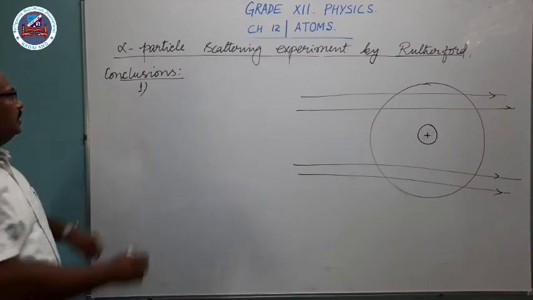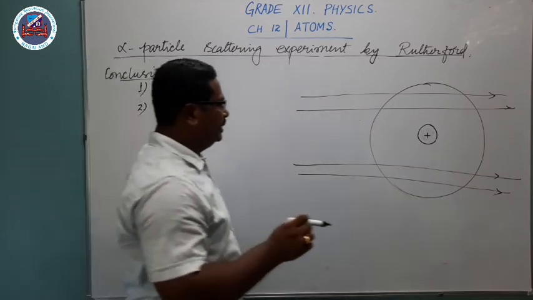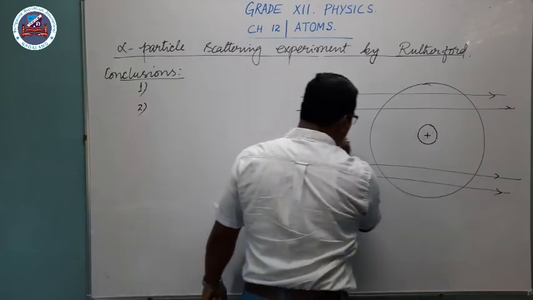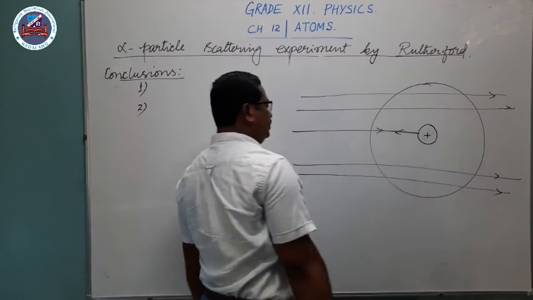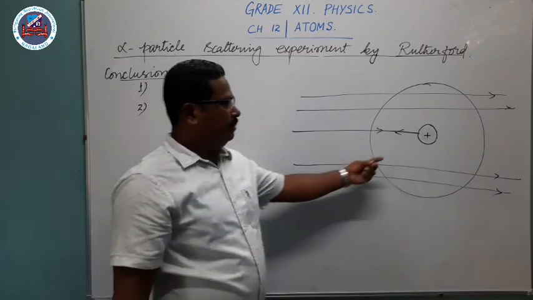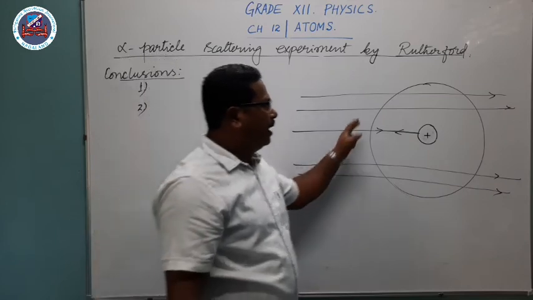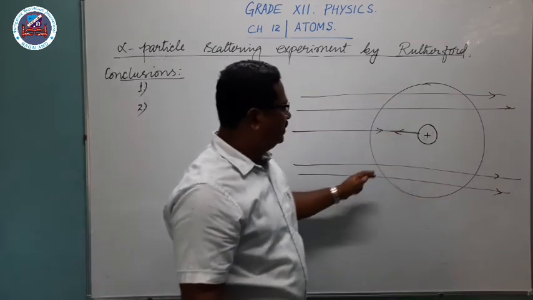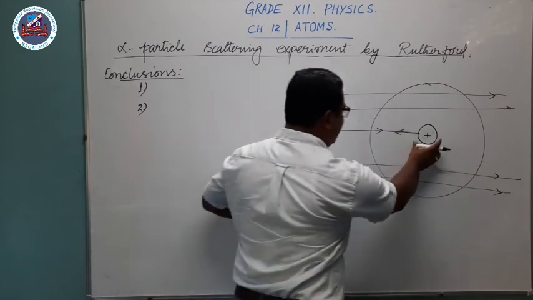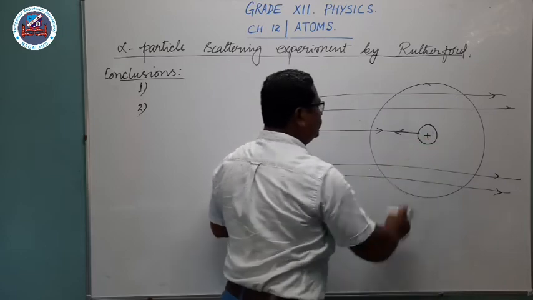The second point is that 1 out of 8,000, as we have said, goes and comes back along the same path, making an angle of 180 degrees. They come back along the same path, which indicates that the entire mass of the atom is located at the center core called the nucleus.